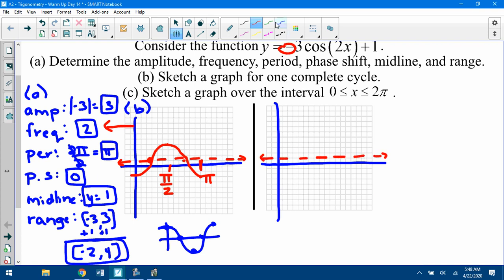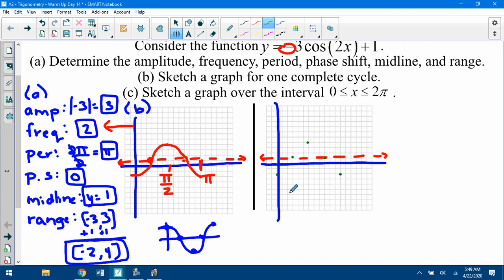I'm going to use another color just to make it look a little more clear. Do this exact cycle that we did twice. So start 3 below the midline, on the midline, go 3 above the midline, go on the midline, go 3 below the midline.